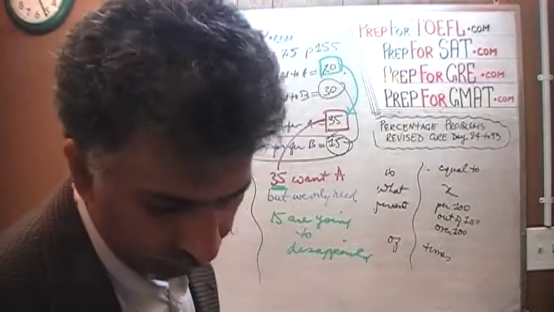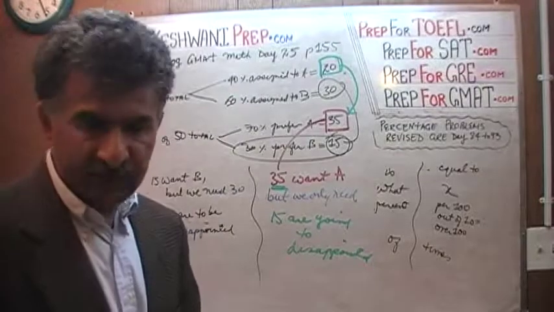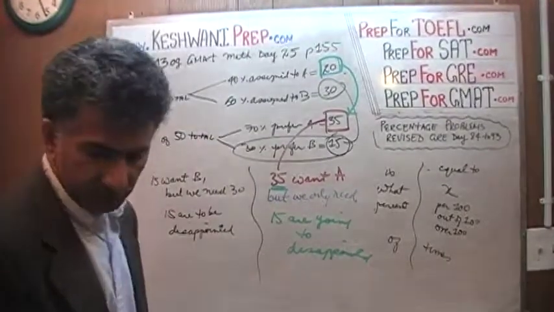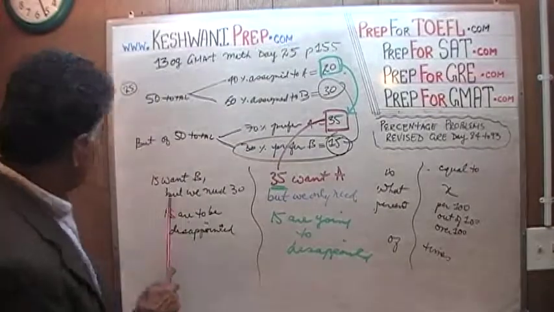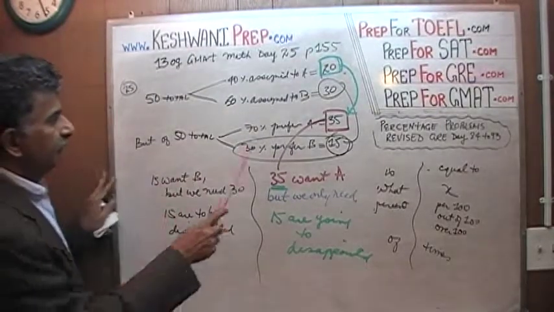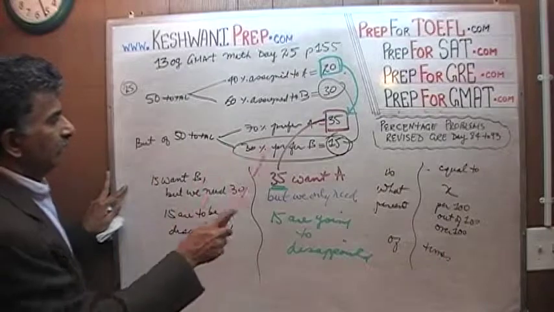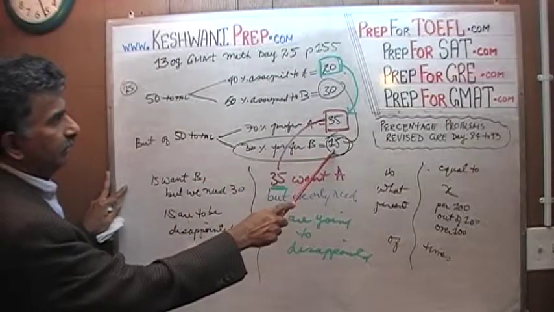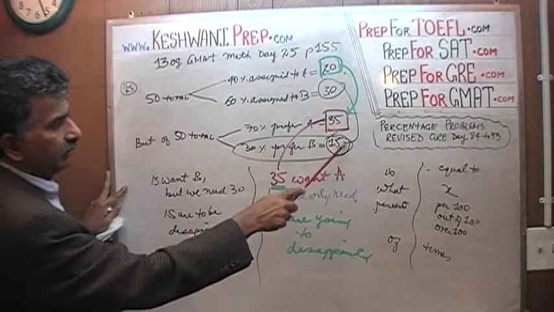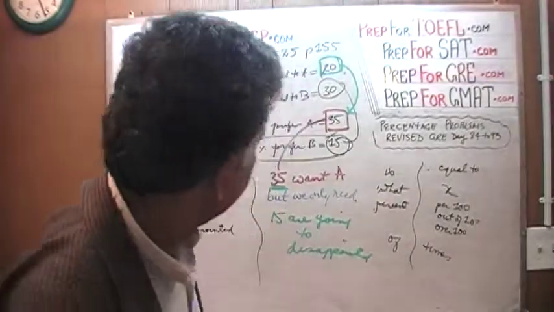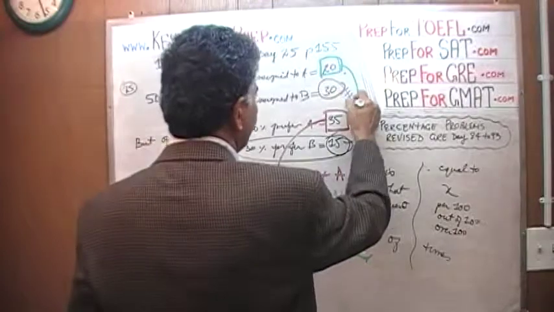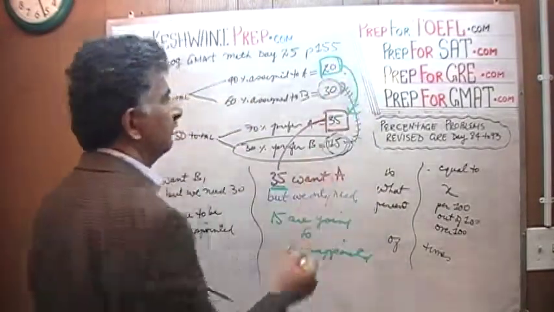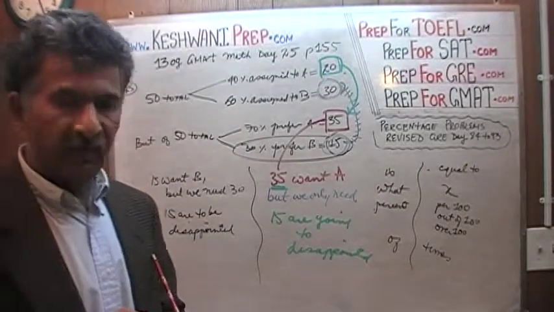So we want to minimize the number of people who are going to be disappointed, and the way to do that is this. The absolute minimum is 15: 15 people want to work on B, but we need 30 altogether, which means the minimum that we're going to disappoint is 15 people.